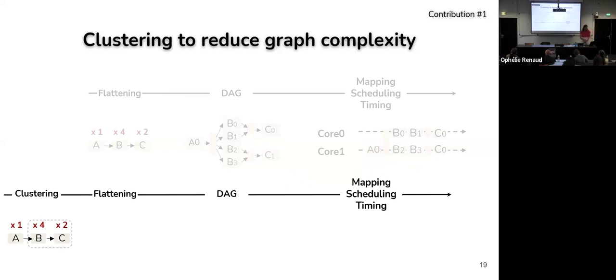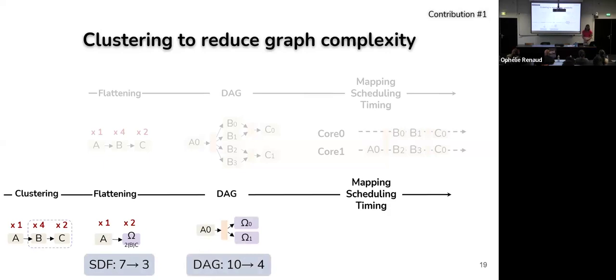For example, here we cluster 2 actors B and 1 actor C into a single actor omega, which will repeat twice in order to preserve the graph consistency, reducing the size of the SDF graph from 7 to 3 actors, and reducing the complexity of the DAG from 10 to 4 actors. And this will significantly accelerate the mapping and scheduling process time.